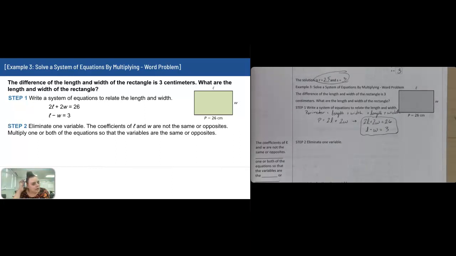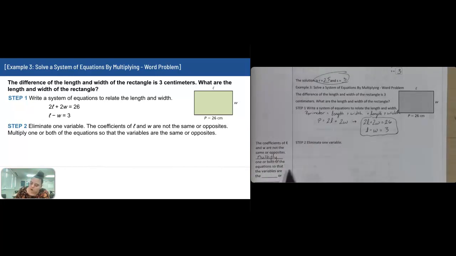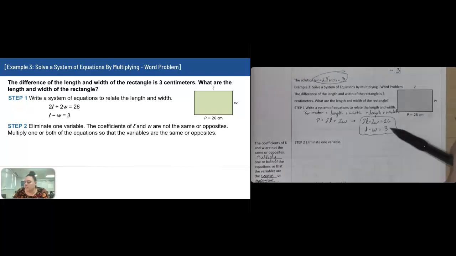Now we'll eliminate one variable. We notice that the coefficients of L and W are not the same or opposites. So we are going to multiply one or both of the equations so that the variables are the same or opposite. In this case, we see that if we multiply the bottom one by 2, we will get some matching.